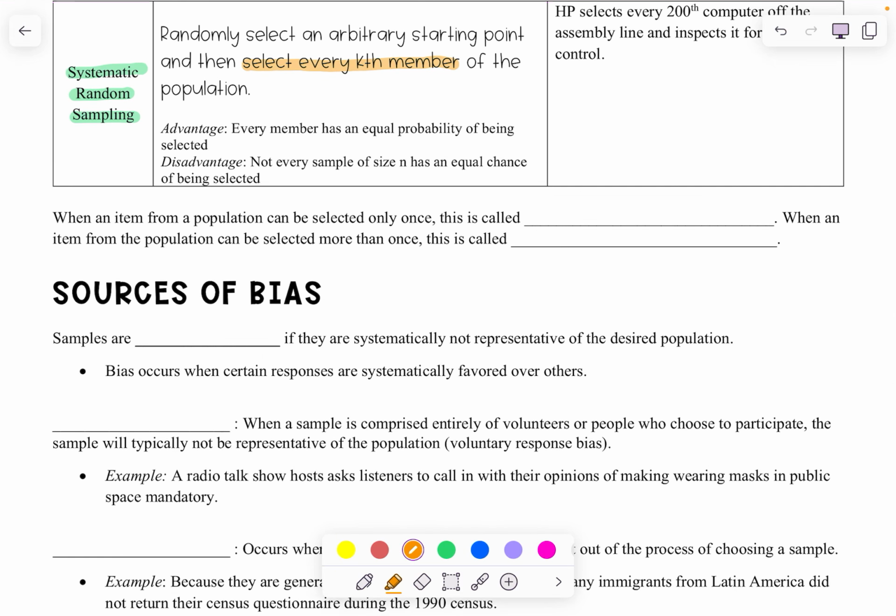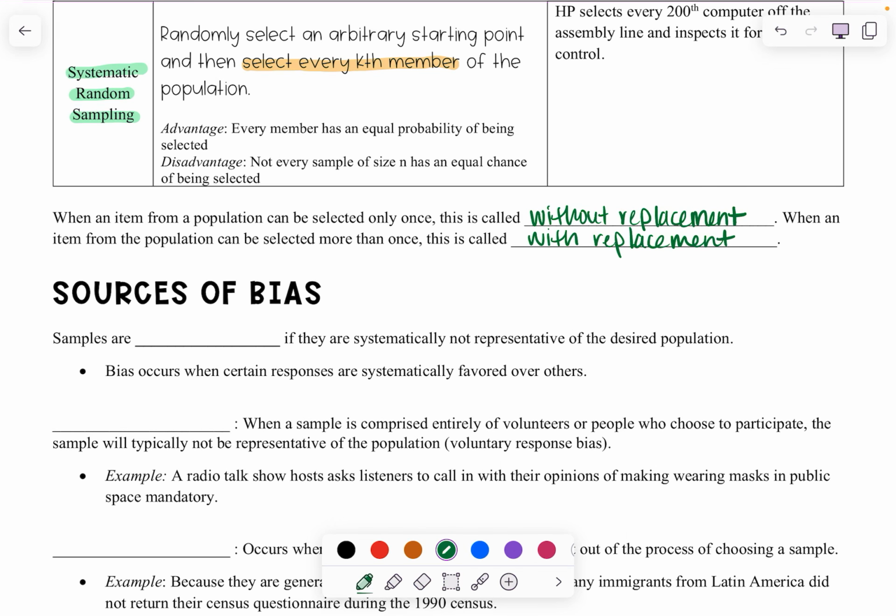Okay, now most of what we do in our collection of a sample is going to be done without replacement. You generally, for the most part, do not want to have the same person complete your survey twice.